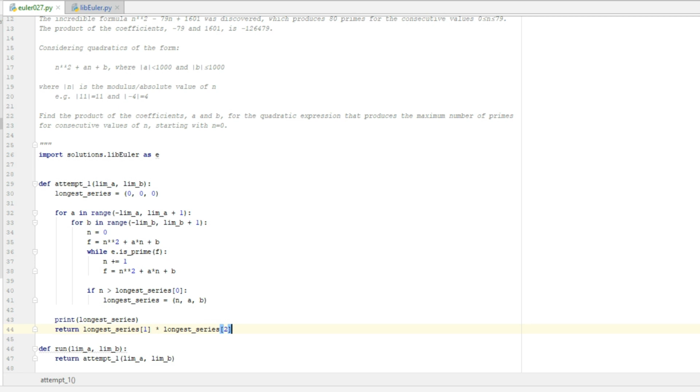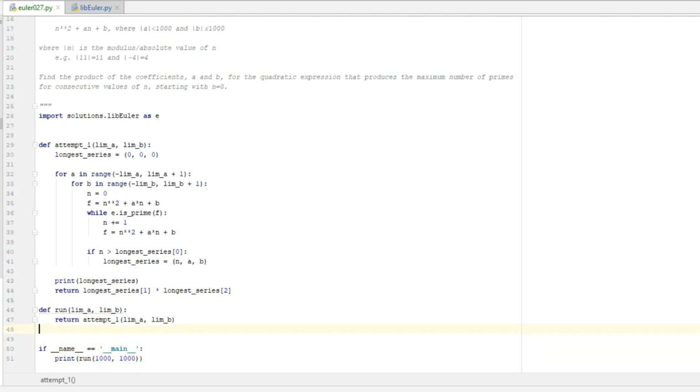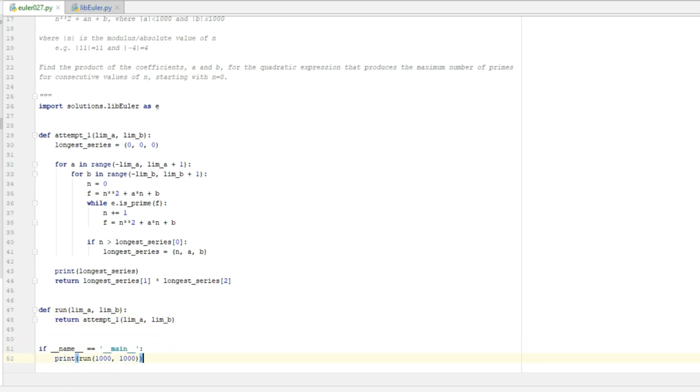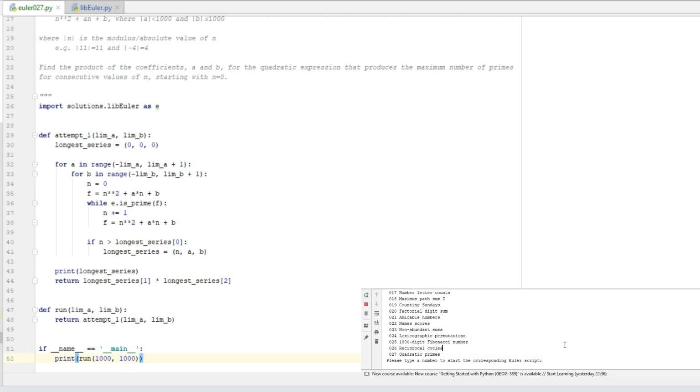Alright, this should work. So let's give it a go. I'm going to start up our main.py for problem number 27 with the default arguments 1 and 2.